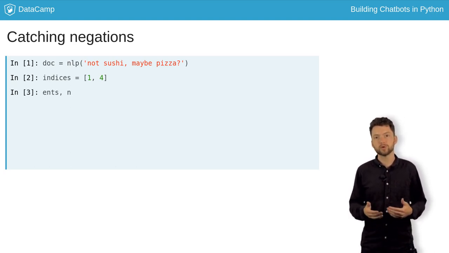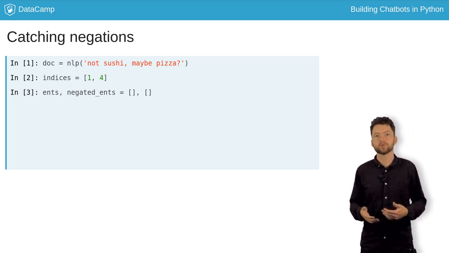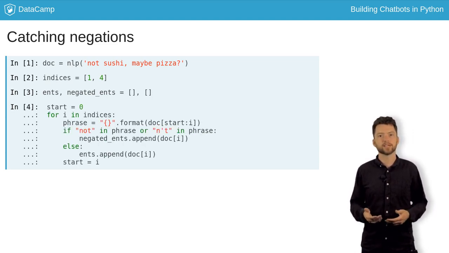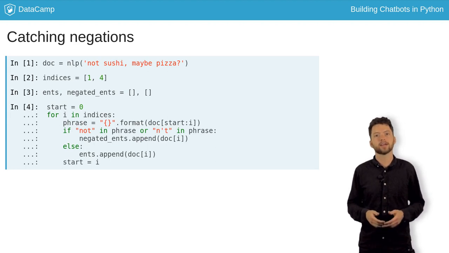We initialize two empty lists, one for normal entities and one for entities which we think are negated. We then iterate over the entity indices. We extract the part of the phrase just before the entity, starting from index 0 for the first entity, and afterwards starting from the previous entity.